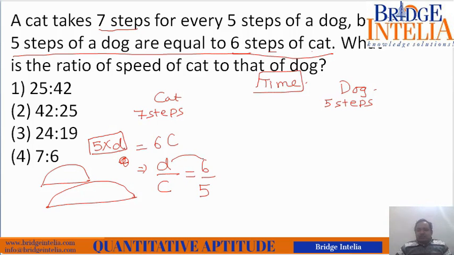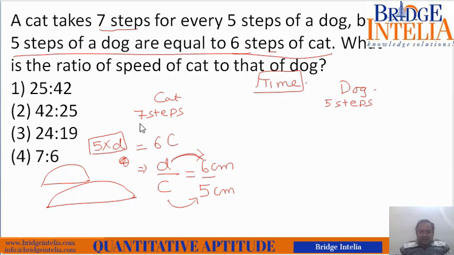So you can assume that in one step the dog is covering 6 centimeter and in one step the cat is covering 5 centimeter. You can safely assume based on this ratio. So the question is, what is the ratio of speed?